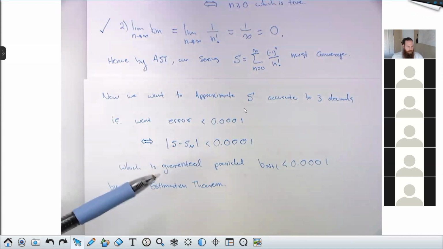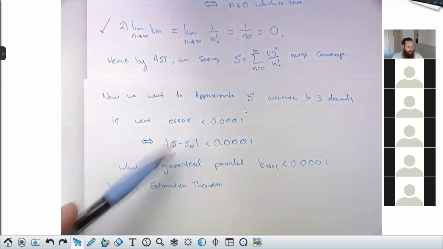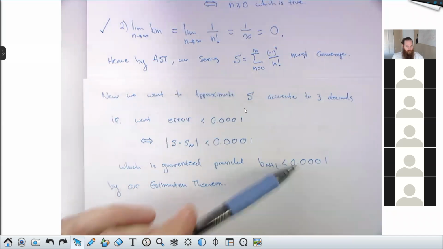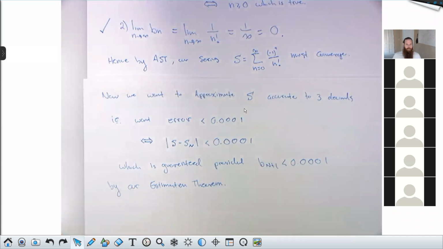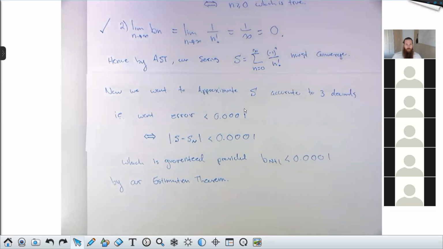And our estimation theorem guarantees that the error is always smaller than Bn plus 1. So this will be smaller than this as long as this is smaller than this. Always the inequality you're going to end up solving is Bn plus 1 is less than whatever the allowed error is.